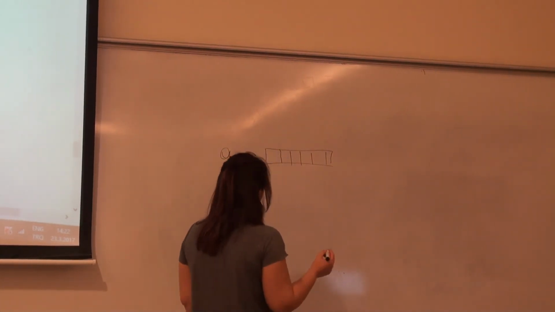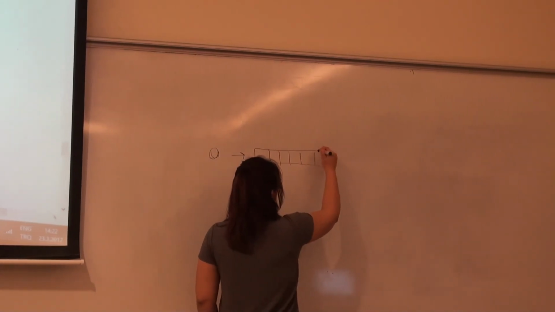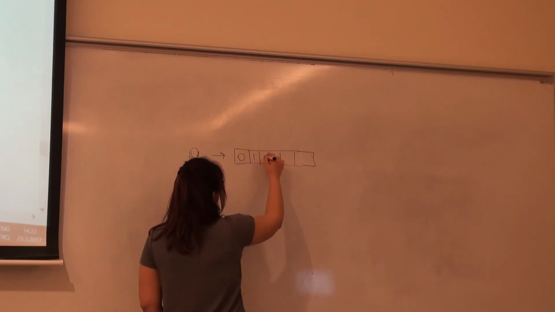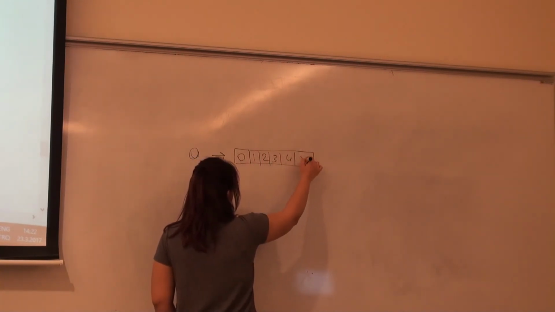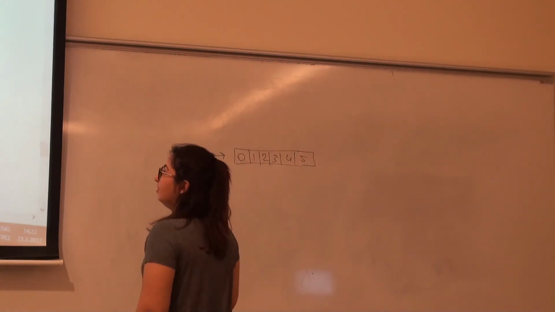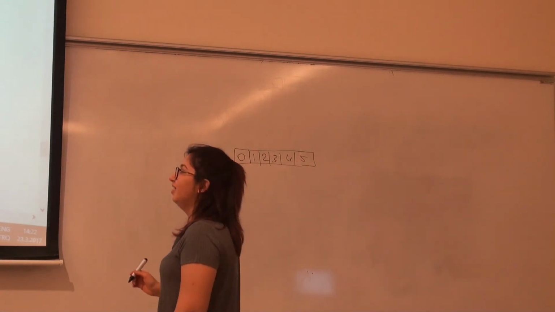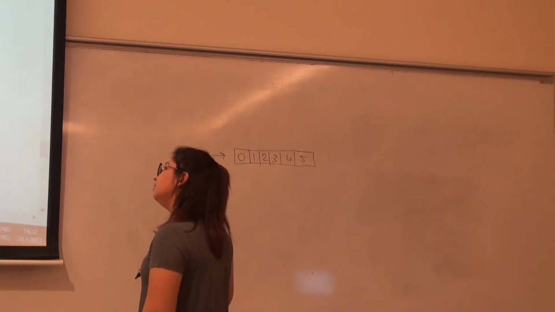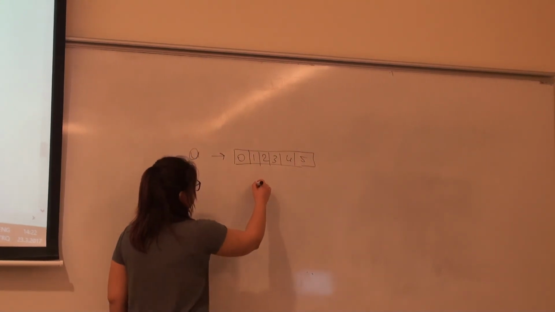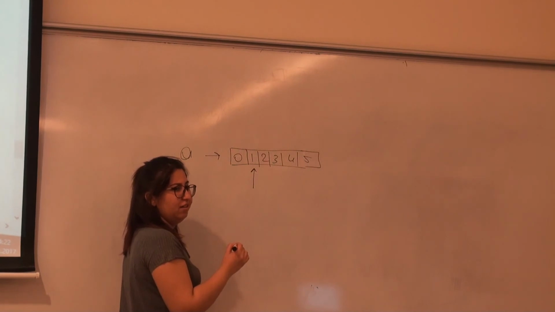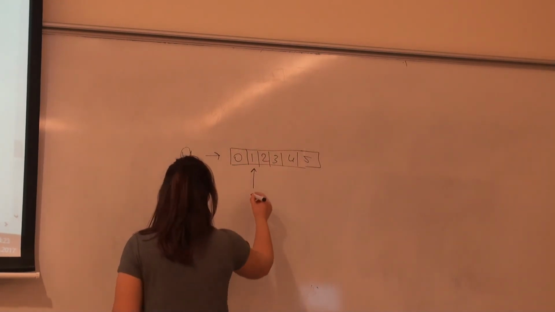Okay, so I'm going to do some Facebook while she's solving. We have 0, 1, 2, 3, 4, 5 because of the for loop, and P points to A plus 1. Am I wrong? Yeah, you're right.